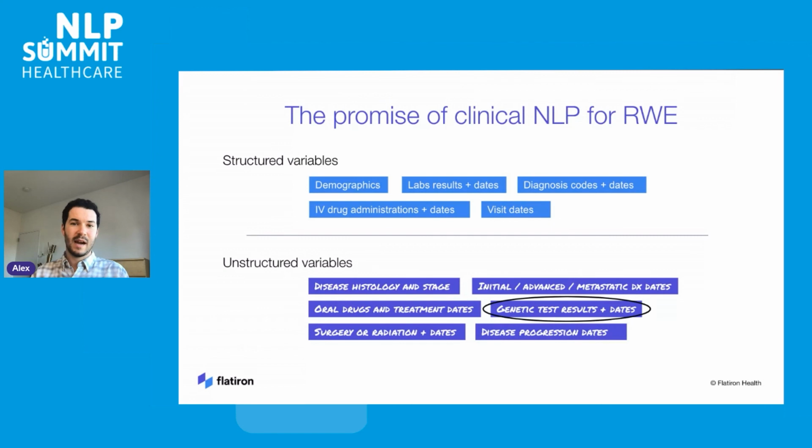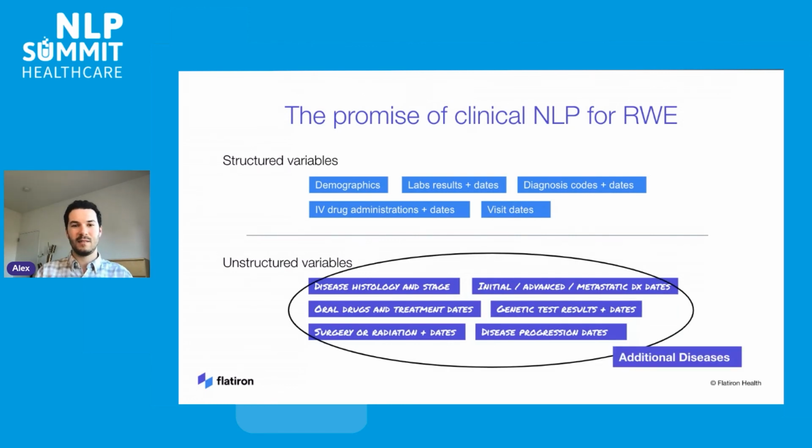And we're also working on some entirely different NLP data extraction approaches, such as ones that work well for dates that occur in highly structured reports, such as genomic testing reports, which often show up in the EHR system. So finally, as we build these additional variables, expanding beyond non-small cell lung cancer and into additional cancers is a really primary concern.